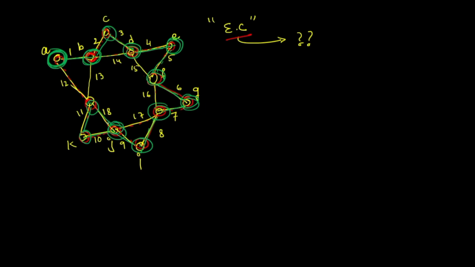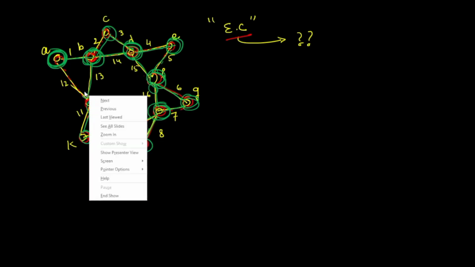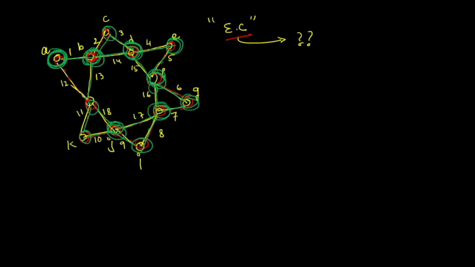Now see, here you can cover this, cover this, this part, this part, this. Okay, now you can see all of this you are covering, and ultimately you can come back here. So in this choice you are covering all of these edges exactly once. So in this case you got your Eulerian circuit.